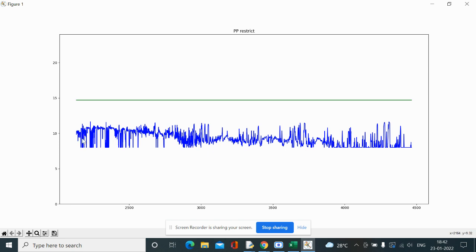The maximum pore pressure is 11.50, yes. And generally one can see that the pore pressure is decreasing as the depth progresses.